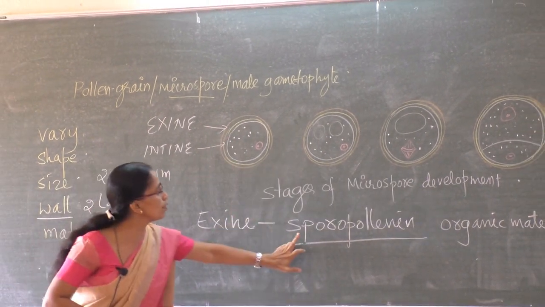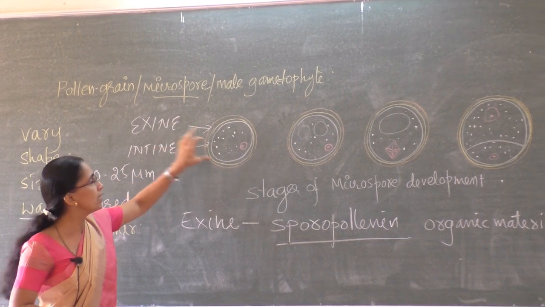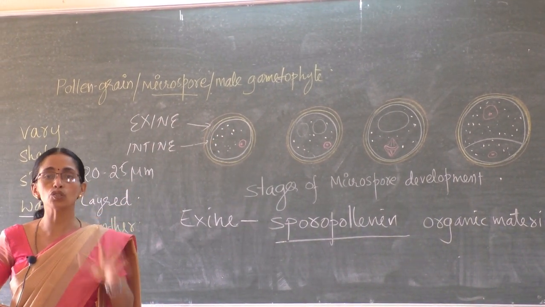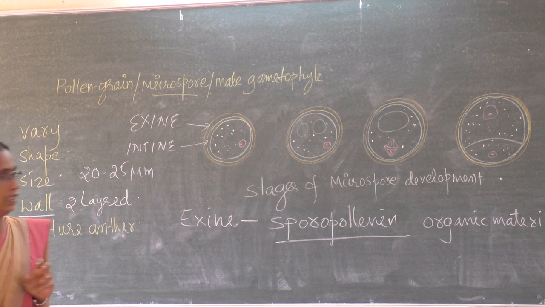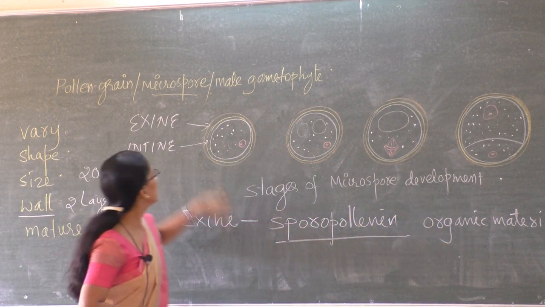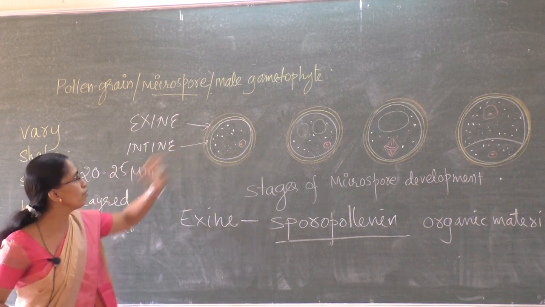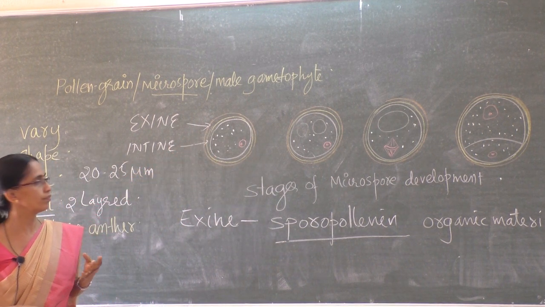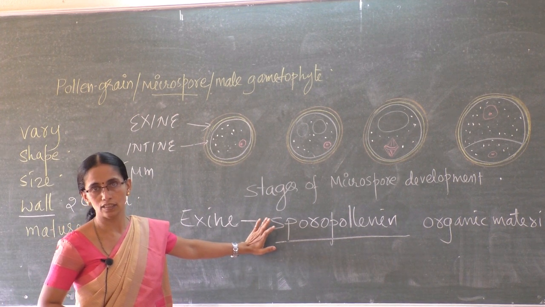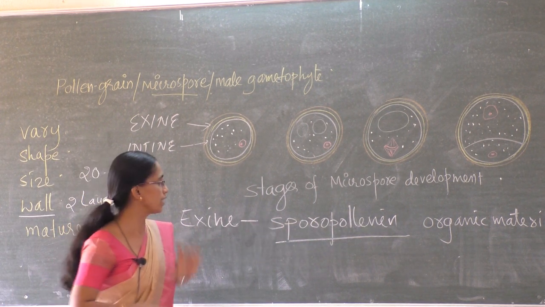Because of its presence in the wall, pollen grains are not easily damaged by high temperature, strong acids and alkalis. No enzyme can degrade this.